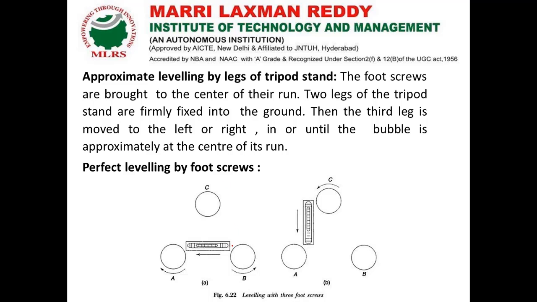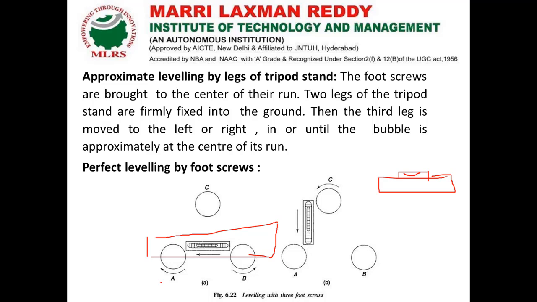Now, in the telescope we have the longitudinal bubble. We position the telescope so that it will be parallel to two foot screws.